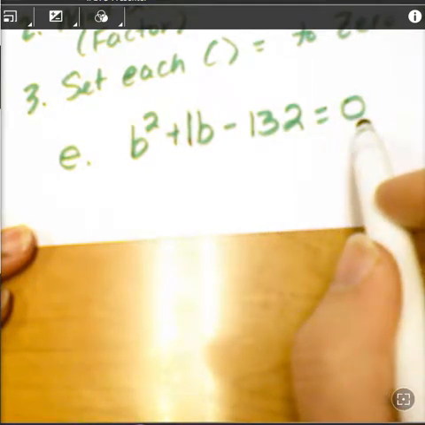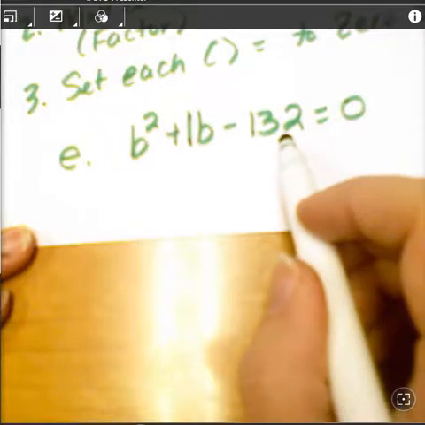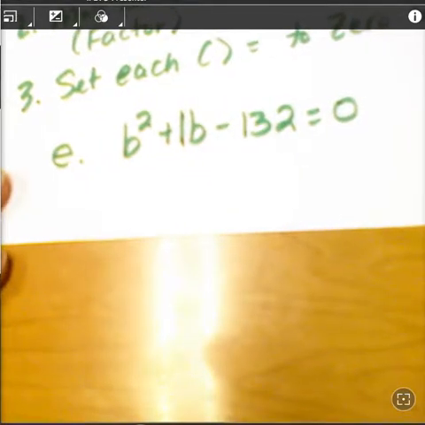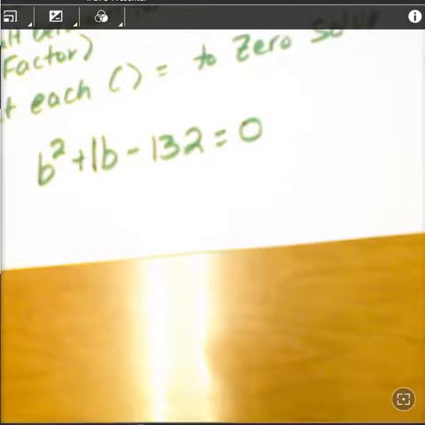So the question we're really asking, well, first of all, it's equal to 0, so we've got that part already there. Now we need to factor. So what are factors of 132 that subtract to 1? So they need to be close together. So what are my factors of 132?